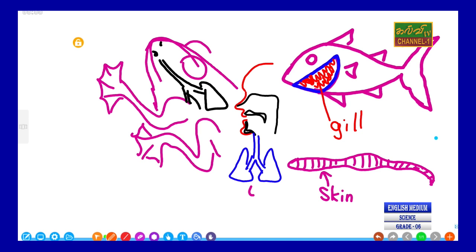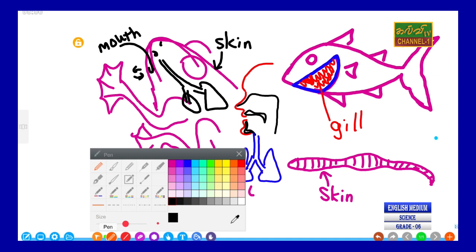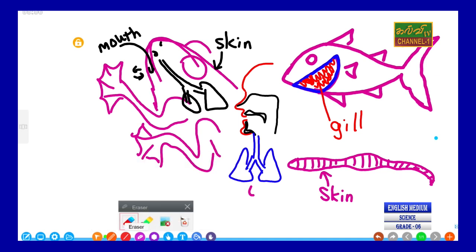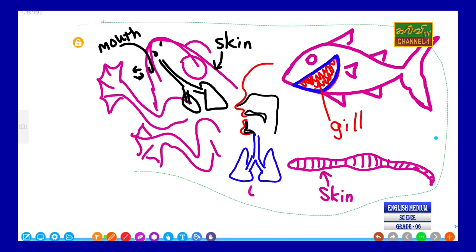Sometimes it also uses skin. And the mouth cavity. You can see the movement of the frog's mouth. The mouth can also be used for getting oxygen. Therefore, different kinds of organisms have adapted to getting oxygen from their environment. This is the first one.